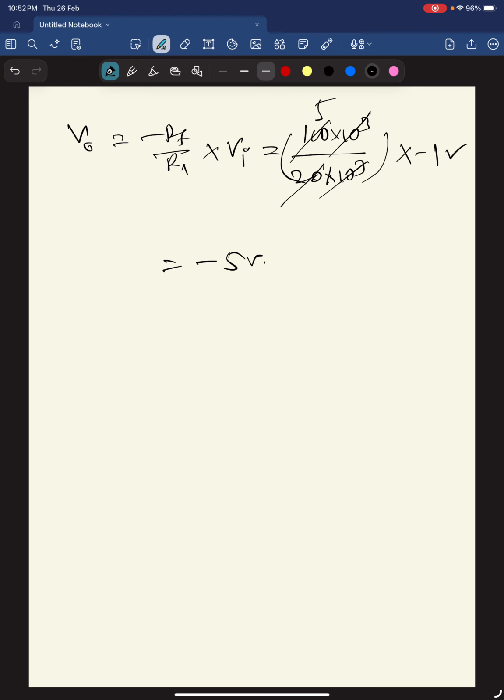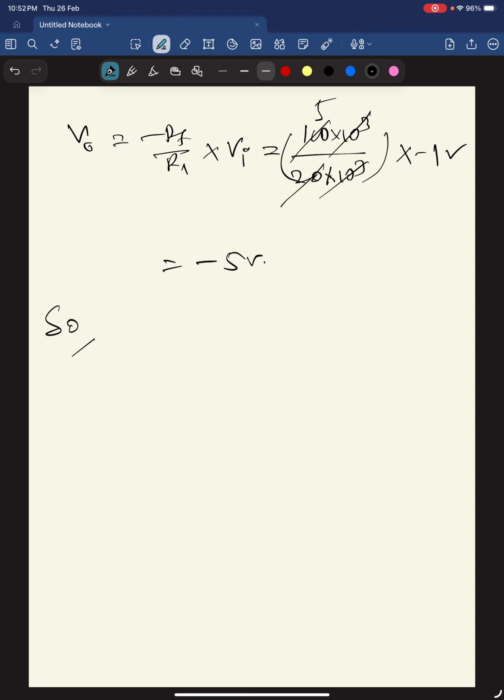So minus 100 into 10 to the power 3 divided by 20 into 10 to the power 3, with a negative sign, into Vi, which is 1 volt. So this is cancelled out, this is 5, so minus 5 volt.